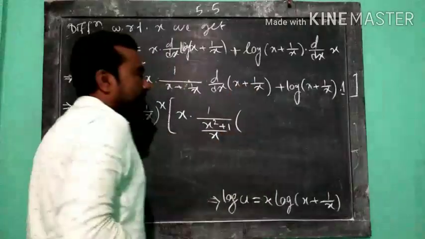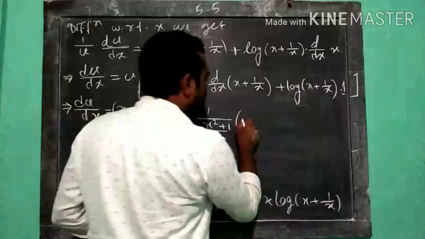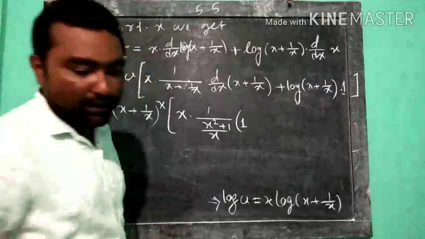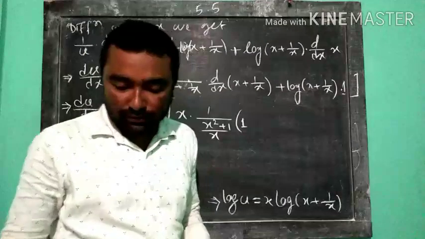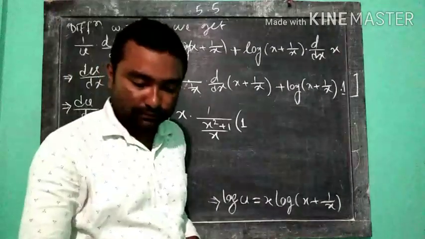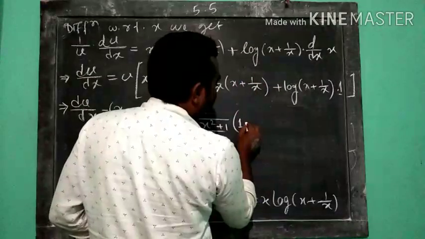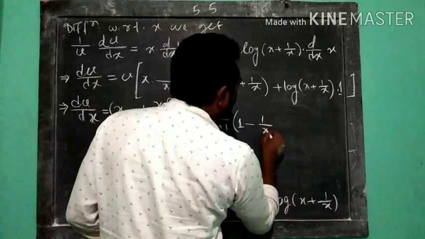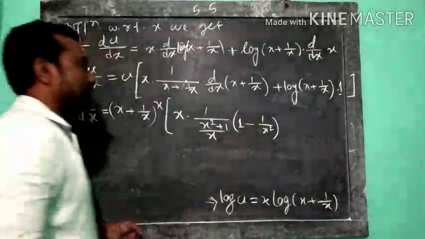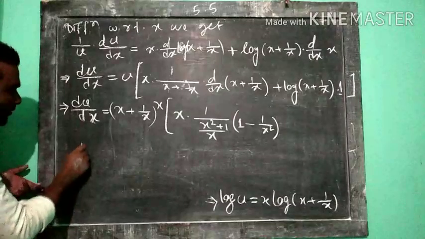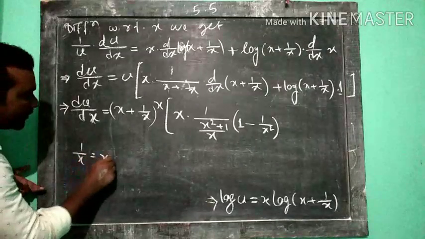Differentiating this, d by dx of x is 1 and d by dx of 1 by x equals minus 1 by x square. How? 1 by x can be written as x to the power minus 1.